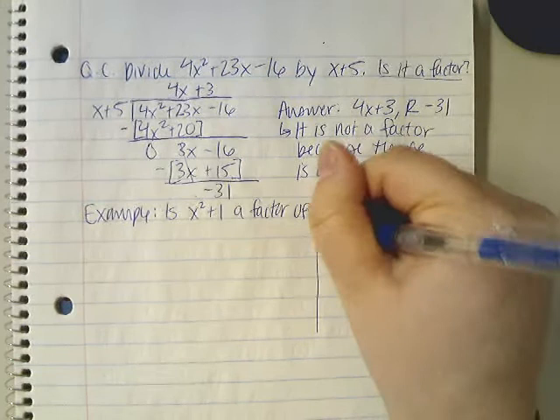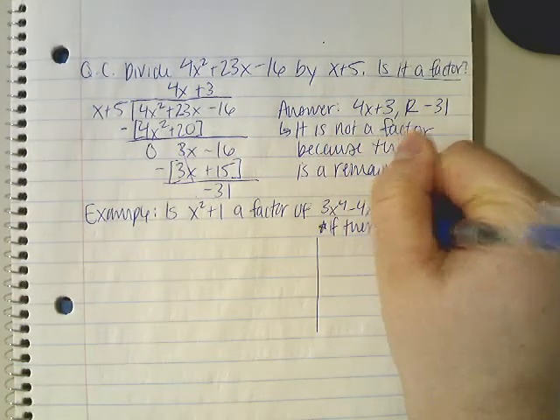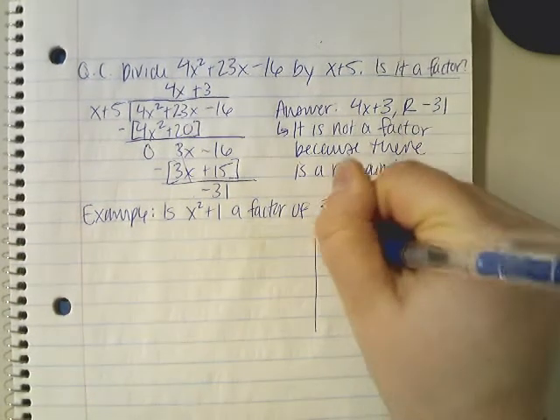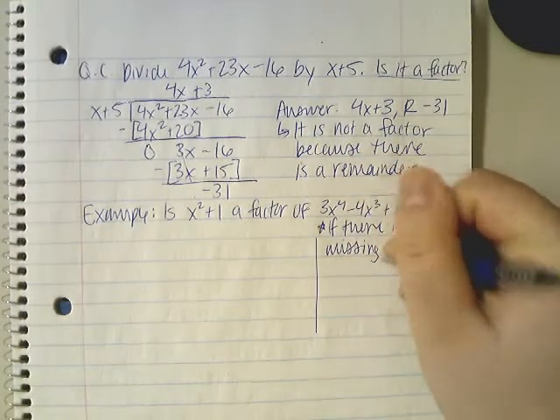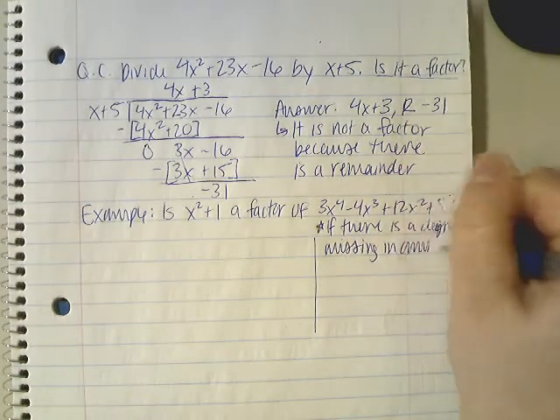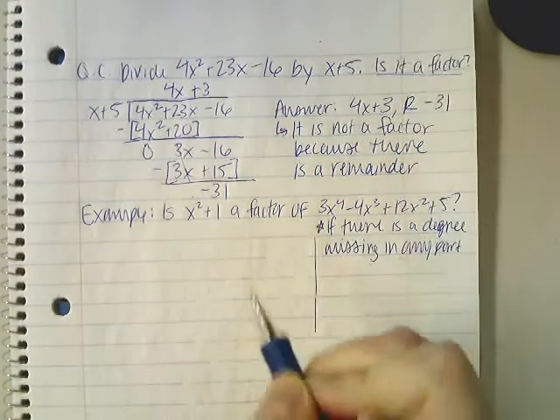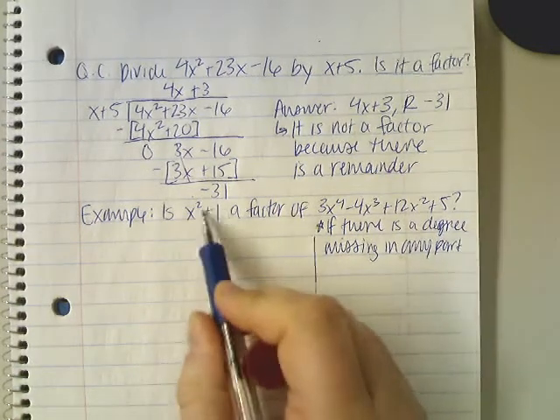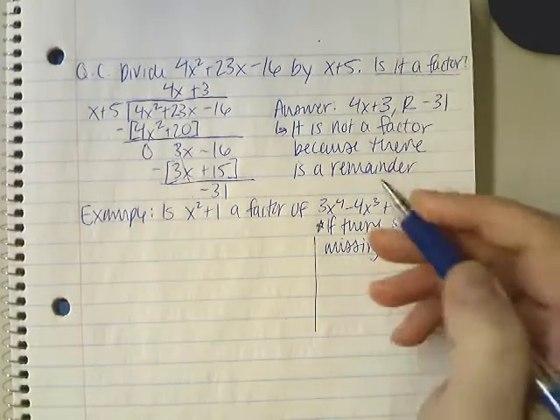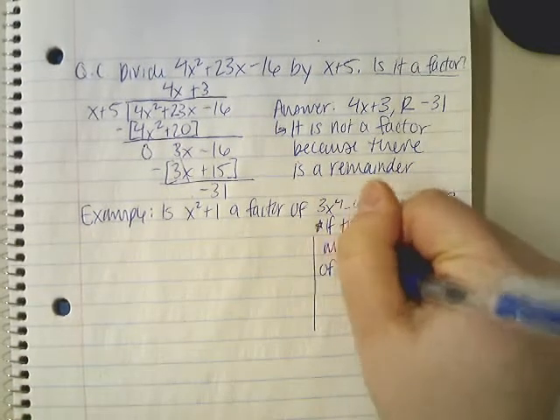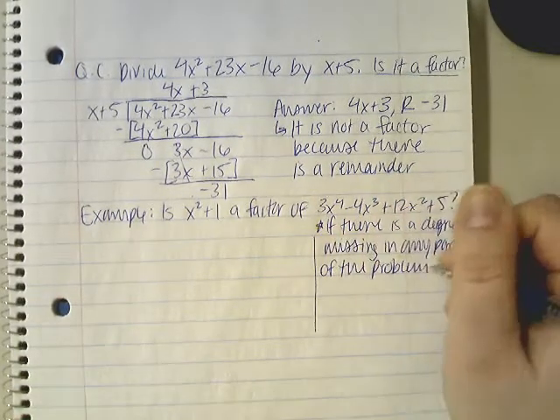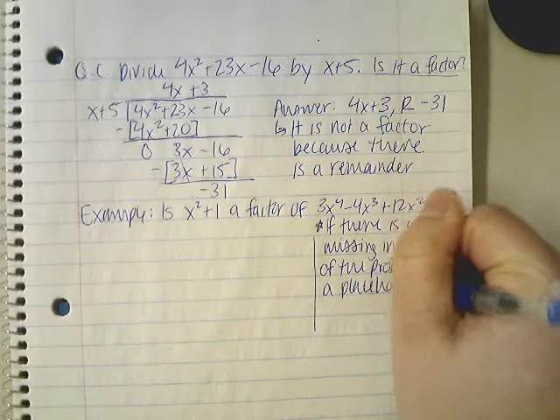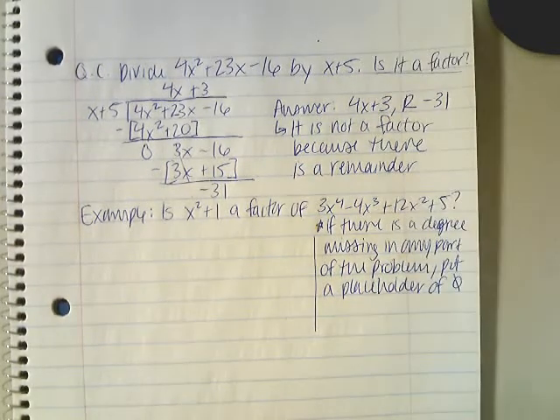First thing I want to note before we even really start this: if there is a degree missing in any part, so that means either the polynomial you're dividing by or the polynomial you're dividing, if there's a degree missing in either, so here we're missing an x and here we're also missing an x, then you need to put a placeholder of 0.